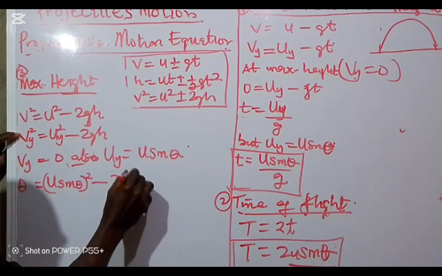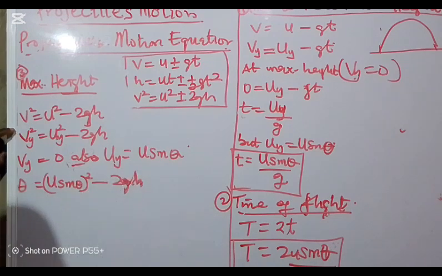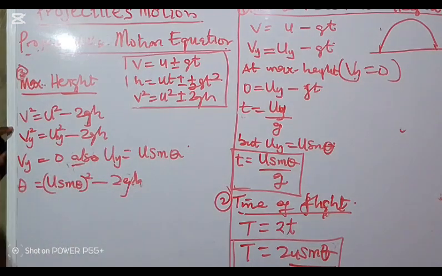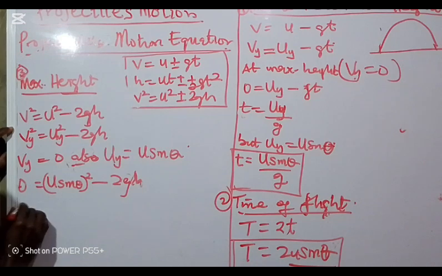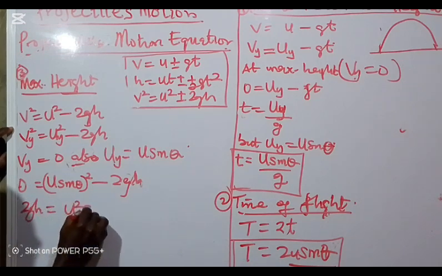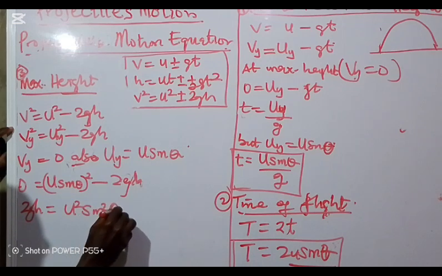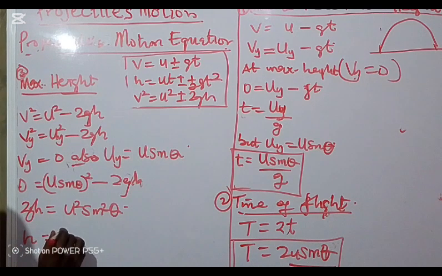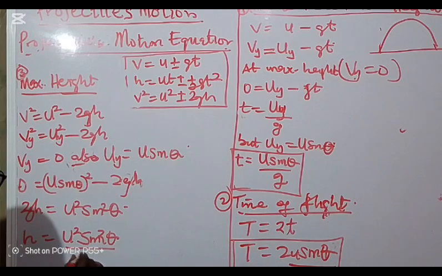Don't forget, what are we looking for? Height. So let's make h the subject. So 0 will go away, then we are going to have 2gh is equal to u squared sine squared theta. What do we need? h. So h will be equal to u squared sine squared theta over 2g. That is for maximum height.